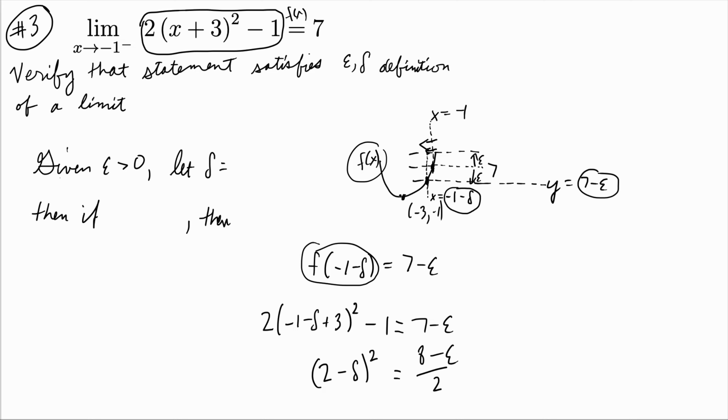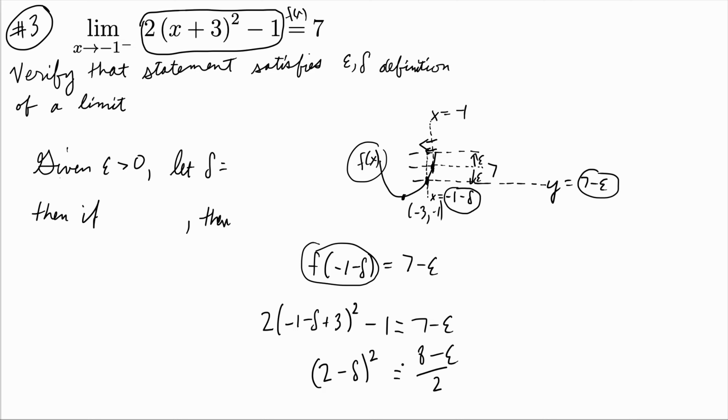Now notice that 2 minus delta, delta is a small positive number, so 2 minus delta will be a positive number, right? So knowing that 2 minus delta itself is a positive number, when we square root, we want to get that 2 minus delta as being positive.